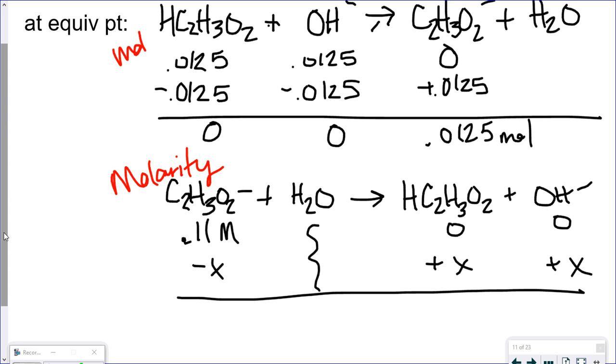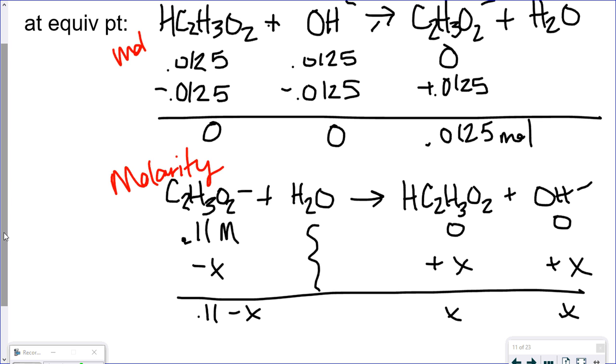So we're going to end up with 0.11 minus x, x, and x. And remember, we did say that we needed to use the Kb value instead of Ka value.